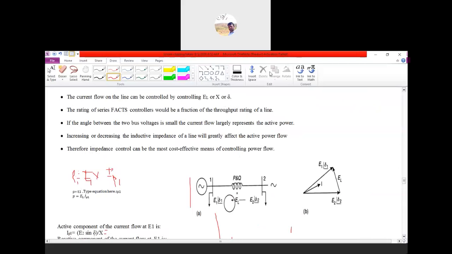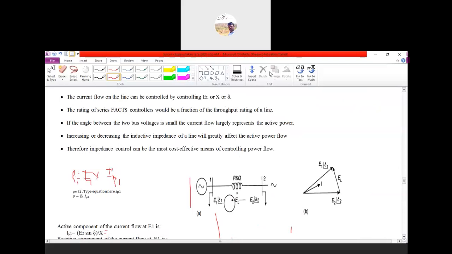Whatever the x value is there, x is nothing but impedance. If you change the impedance value, we can change the active component.